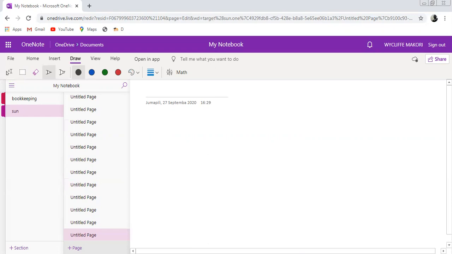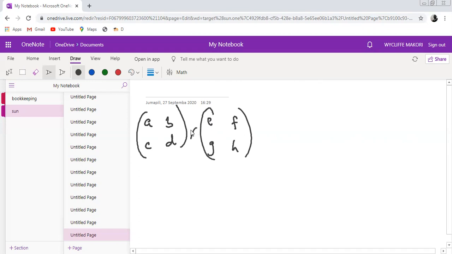I want to be as simple and as understandable as possible, and to simplify this as much as possible. So if, for example, you have two matrices A, B, C, and D, and you have another one E, F, G, and H, and you are multiplying these two matrices here, how do you do it? This is how we do it.